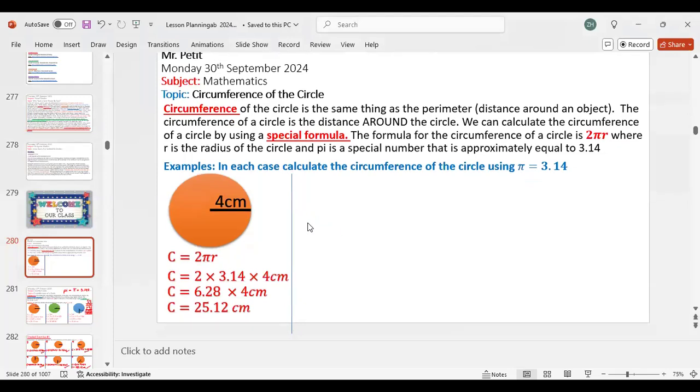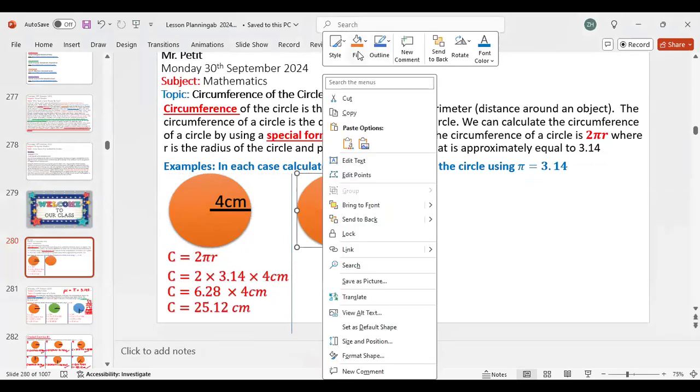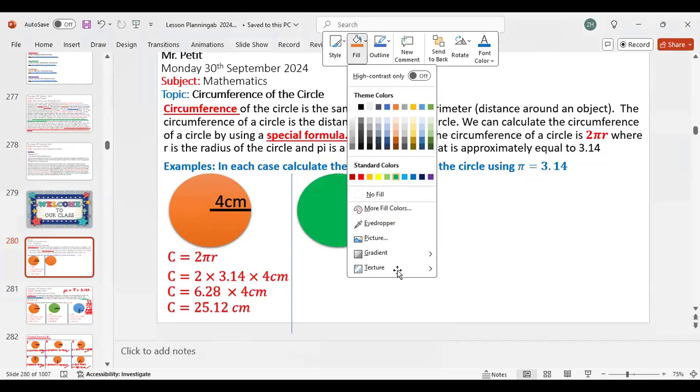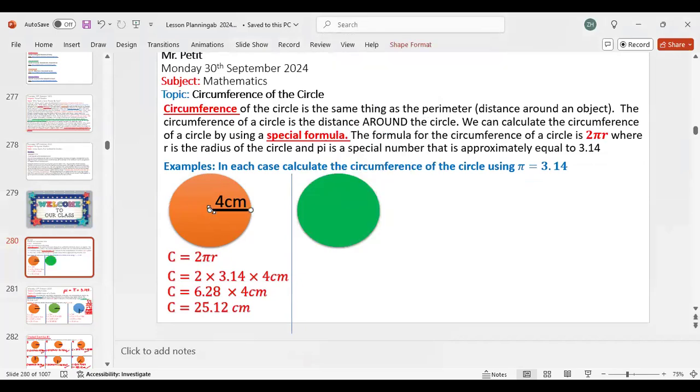And let's do another one. So let's say we have, let's make this one green. And let's say that the radius was not 4. Let's say that instead the radius was, so the radius is half of the diameter, right?